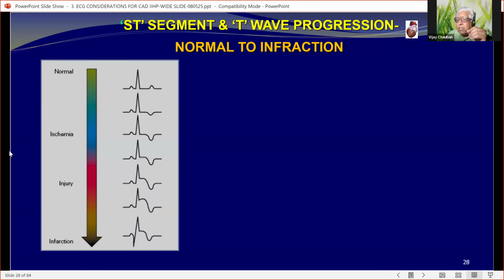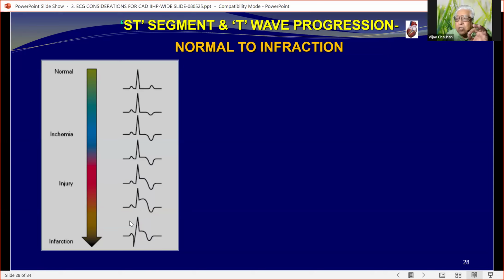And now it is the end stage where you have the Q wave. Q wave indicates there is a death of myocardium. ST segment elevation tells us injury, and T wave inversion shows us ischemia.